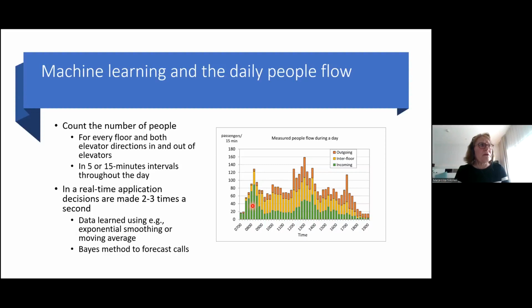So the simplest way is to use, for instance, exponential smoothing that takes the new data and combines it with the old forecast, let's say half and half, every day to get a new forecast, and make this, for instance, for every weekday. Also, the Bayes method has been applied to forecast calls.